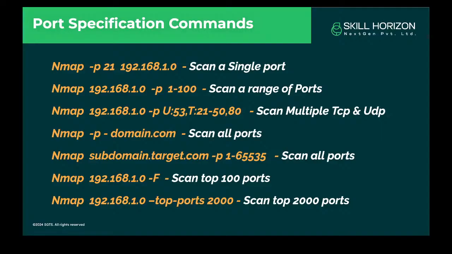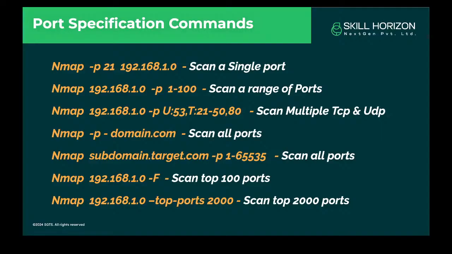Now if you want to scan multiple ports, like TCP and UDP ports, you can use -p again, but define the UDP ports with a capital U, and then a capital T for TCP ports. In TCP ports, I particularly added the range from 21 to 50, and 80. So you can define that.